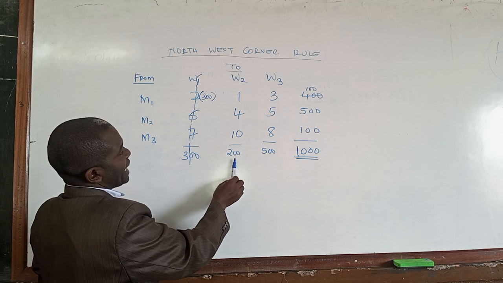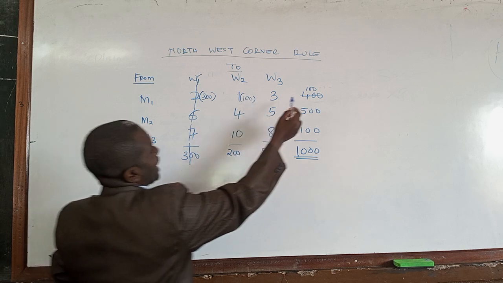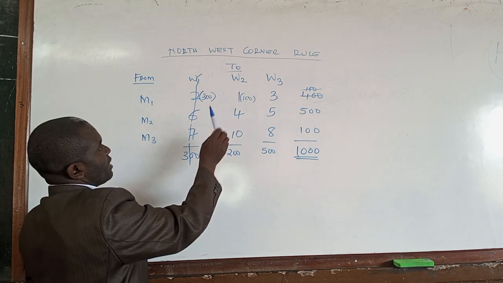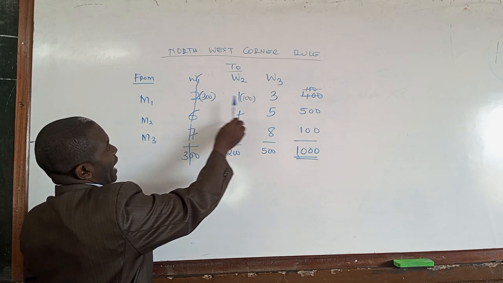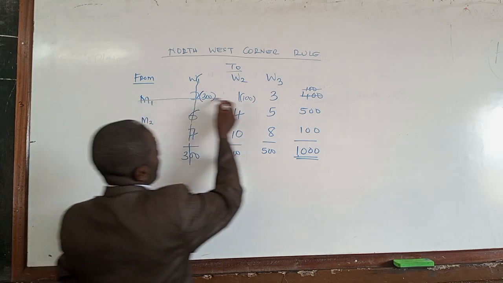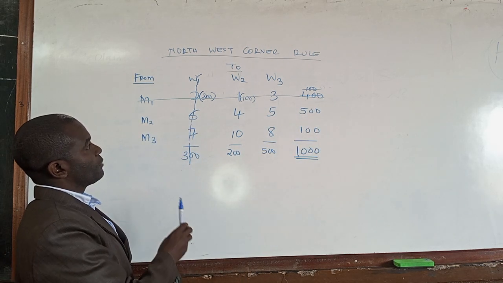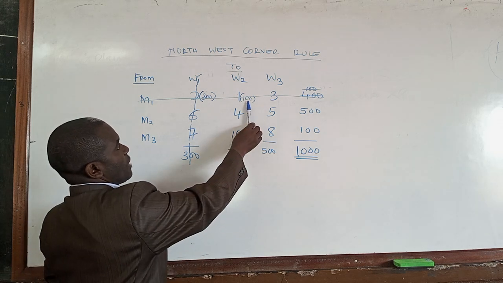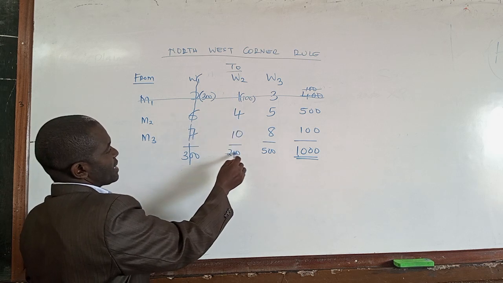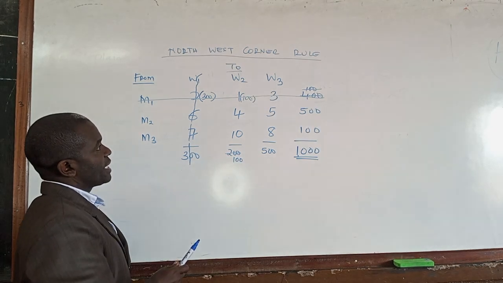So we shall assign 100 from M1 to W2 and then cancel out M1, because M1 capacity is 400 and we have transported 300 to W1 and 100 to W2, and so capacity for M1 is done. We also look at the capacity for W2. We have transported 100 units to W2 from M1, but the capacity of W2 is 200. Therefore, we cancel out and remain with space enough for 100 in W2.